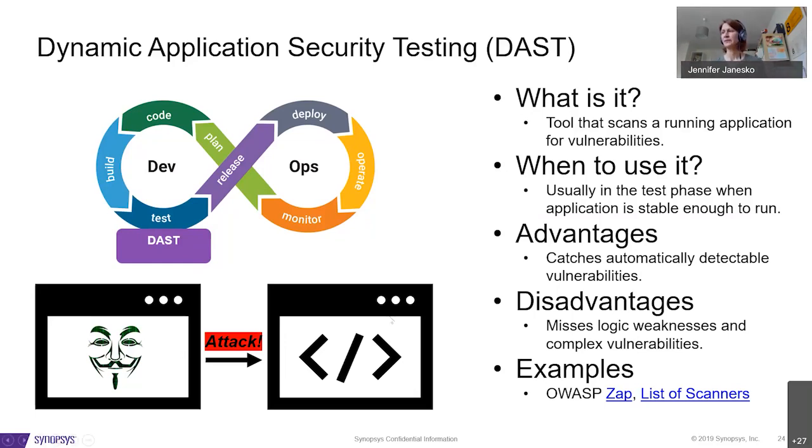One advantage to this is that you're going to see what the script kiddies see when they're out using their automated tools to find vulnerabilities in your application. So this is going to catch the script kiddie kinds of things, the easy things, the lowest hanging fruit, so that you can fix it right away.